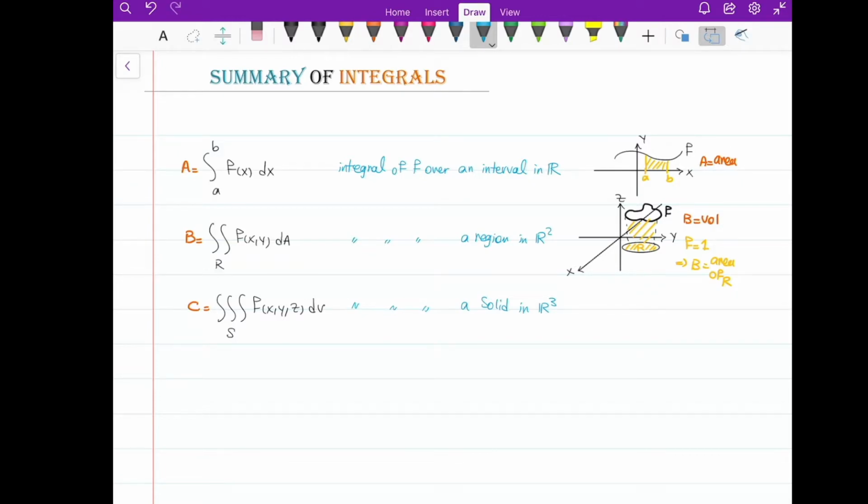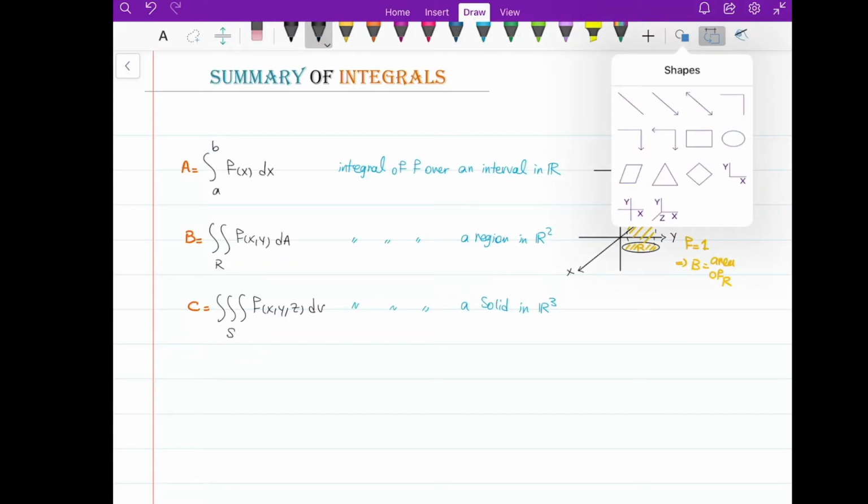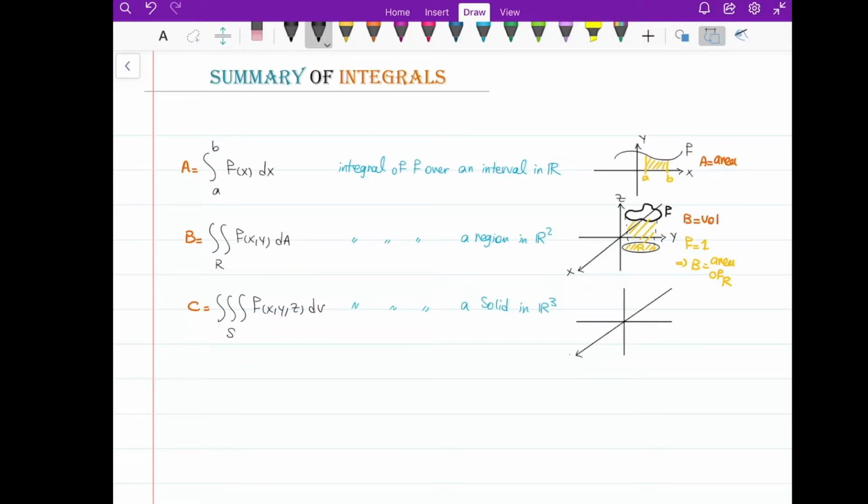If we have a solid like that, x, y, z, for example a sphere in R3, then this S is the region of my integration, it's a solid, and if f is equal to 1, then the triple integral calculates the volume of S for us, right?